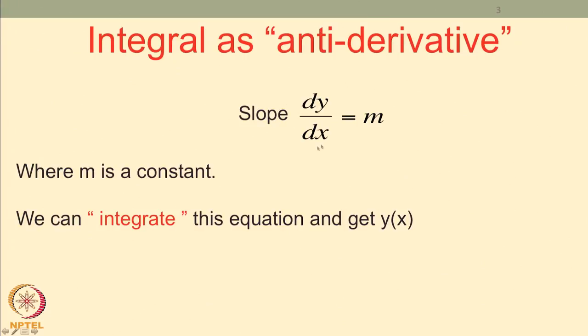If you have dy by dx is m, where m is a constant and is our slope, we can integrate this equation and get y. Knowing dy by dx, we can integrate and get y.